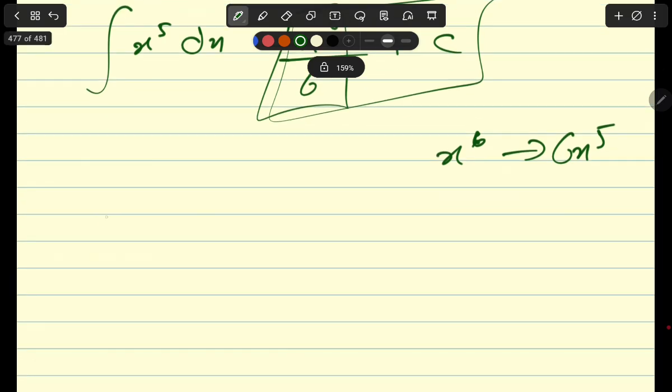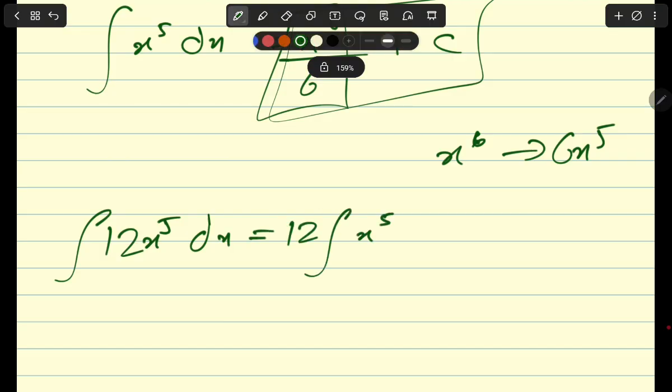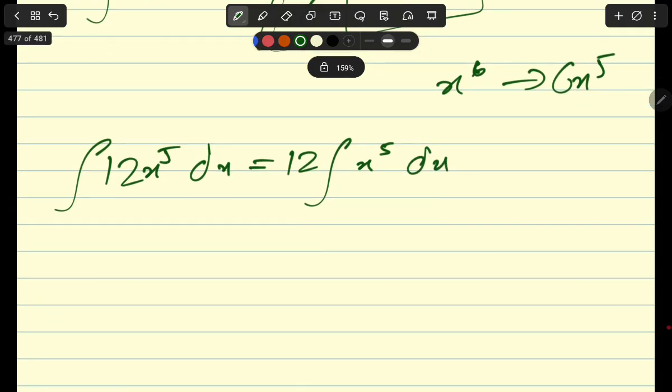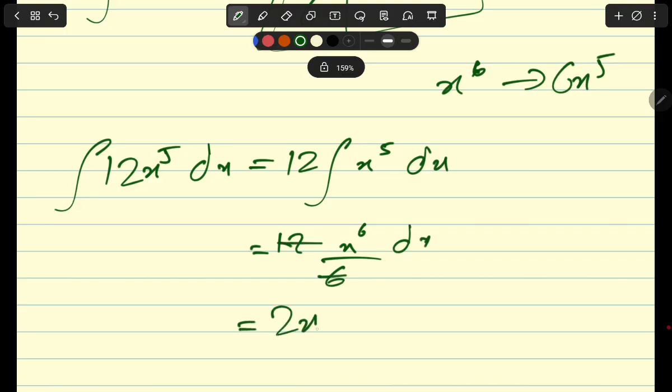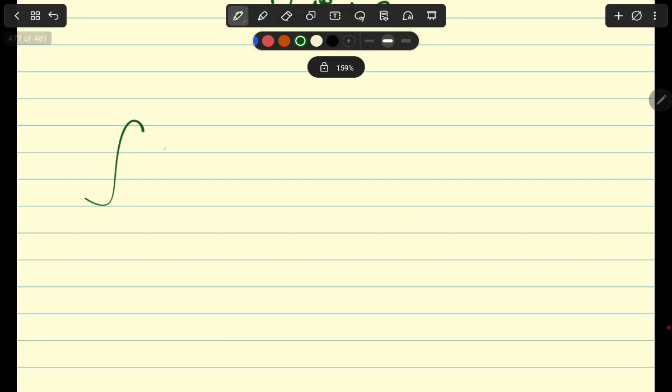Now, if I ask you to evaluate the integral of 12x^5 with respect to x, we can bring this constant outside of the integral sign. So this is going to be equal to 12 times the integral of x to the power of 6 upon 6, which is 2x^6 plus c. Okay. Now, let's say I give you to integrate 3x^2 minus 4x plus 7 with respect to dx.